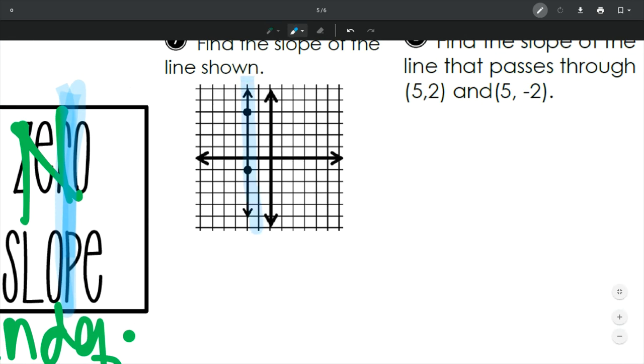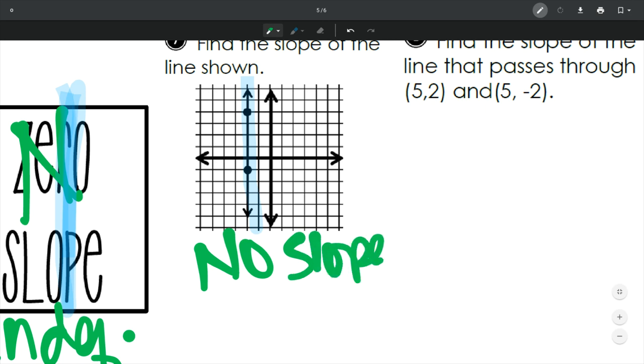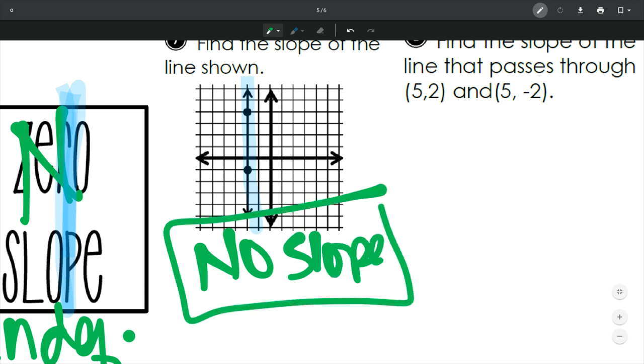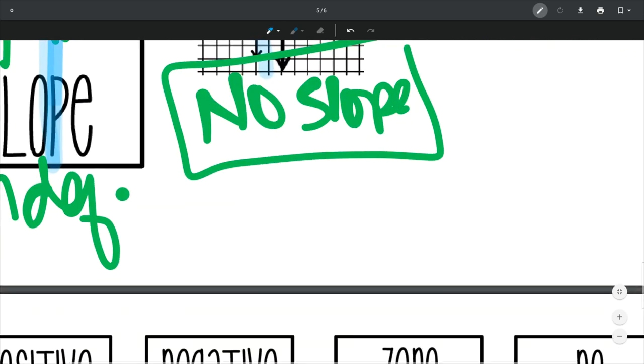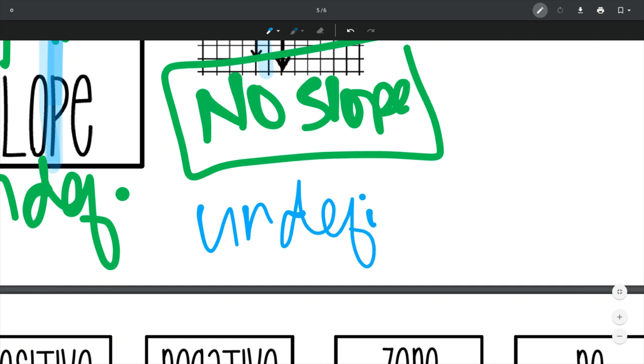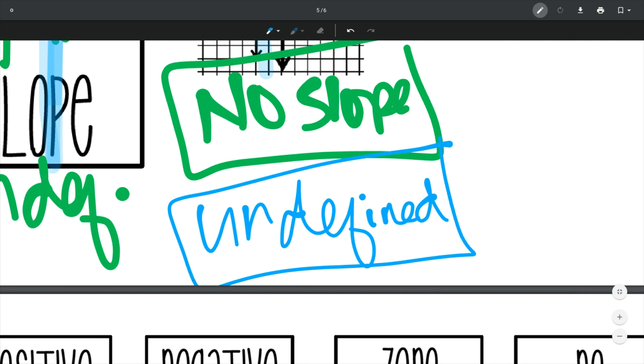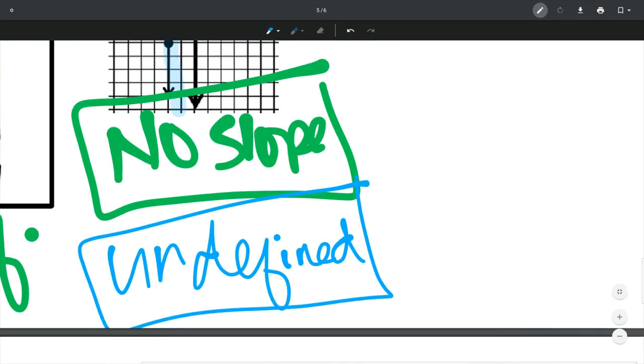So this one right here, it's a vertical line, which means you don't have a slope. It's no slope. And guess what? That would be your answer. Now, another way to actually write this would be to say that it's got undefined. Either answer is correct.